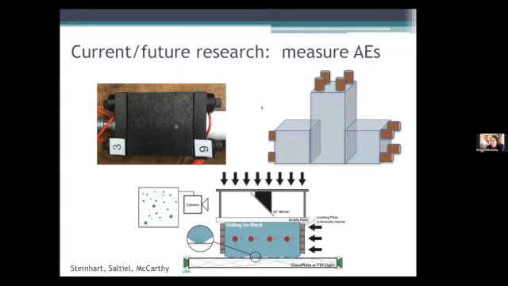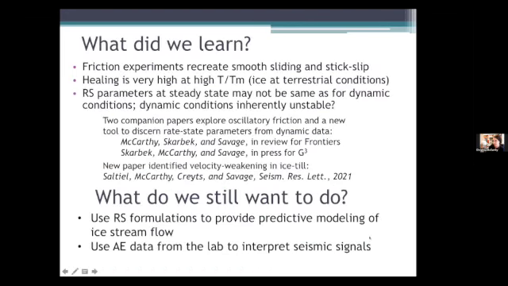So we're going to try to up our game and use a series of transducers, either in this same double direct shear configuration, or we've also proposed to change our configuration to ice horizontally on top of, in this case, maybe a glass plate, where we could use TIR methods to image the change in the area of contact during loading and during friction. So stay tuned for that. That's the direction we're hoping to go.